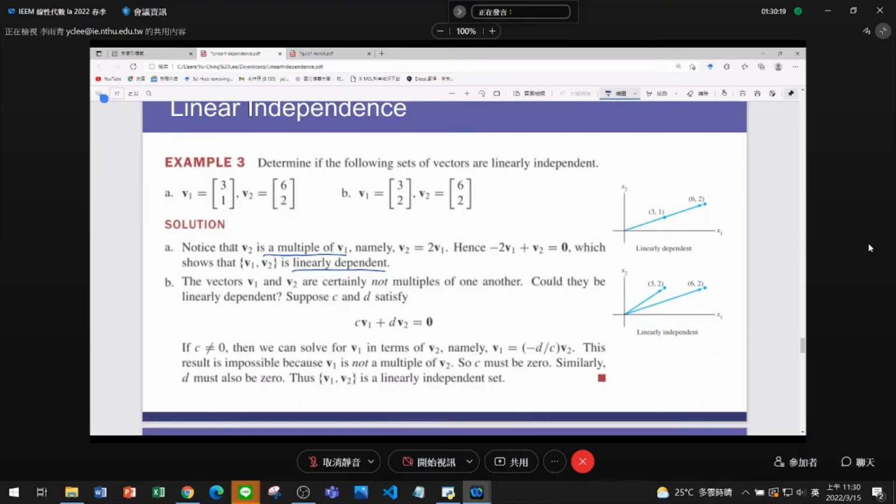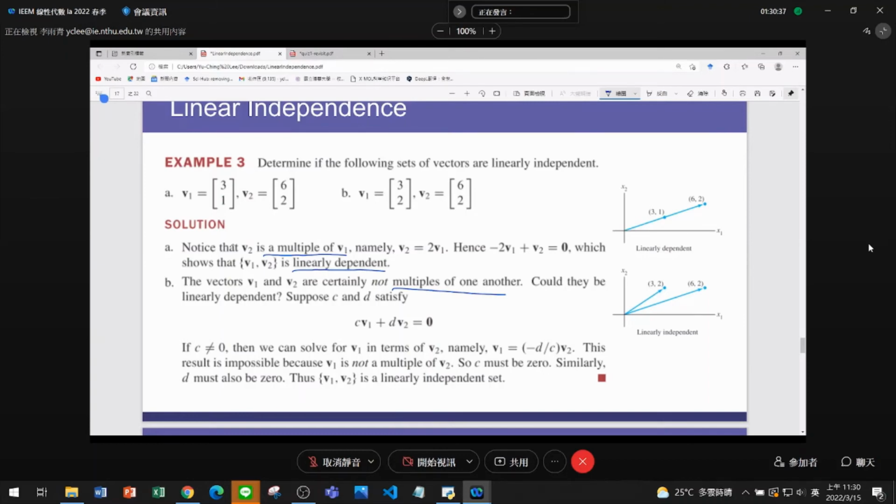And for sub-question B, because the set contains only 2 vectors, we observe that neither vector is a multiple of the other. So could they be linearly dependent?